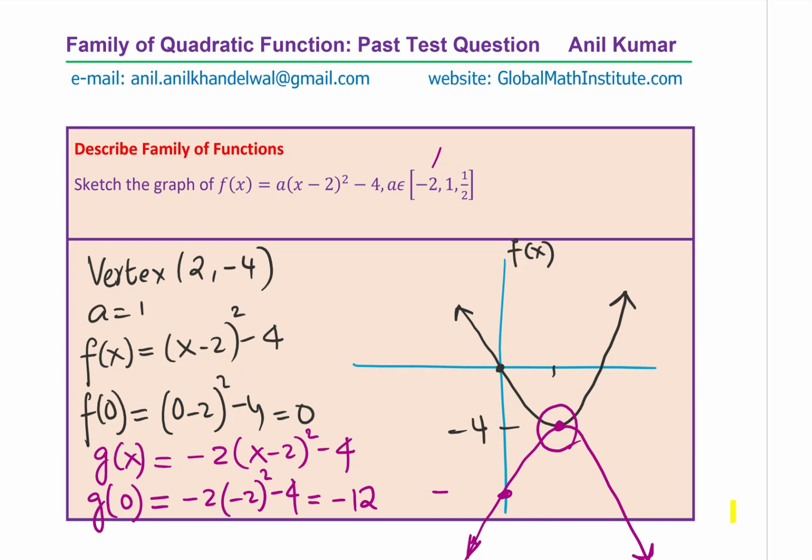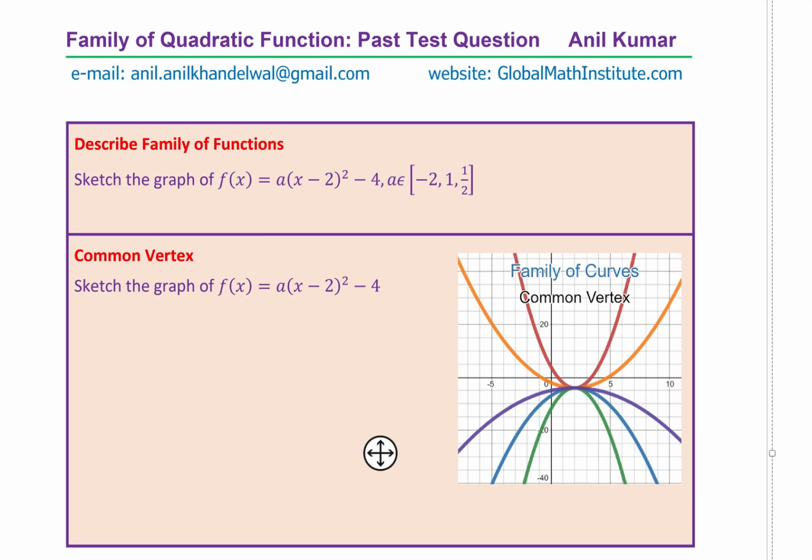You get the idea. So let me show you a more accurate graph which I have drawn using a graphing calculator. As you can see here, different graphs, all of them will have a common vertex. So this becomes a family of curves with common vertex. As you can see, different values of a, we could write different functions.